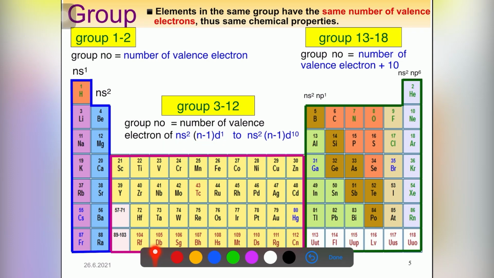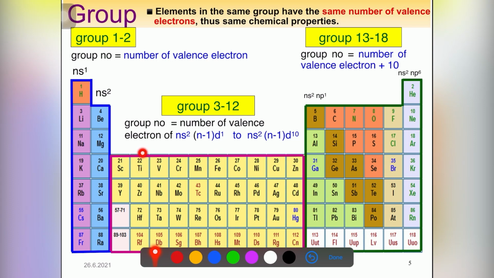Okay, let's see another example. Titanium is also located in period 4. So 4s2, 3d2. Because here is 3d1, so here 3d2. So the total valence electron in orbital s and 3d is 4.